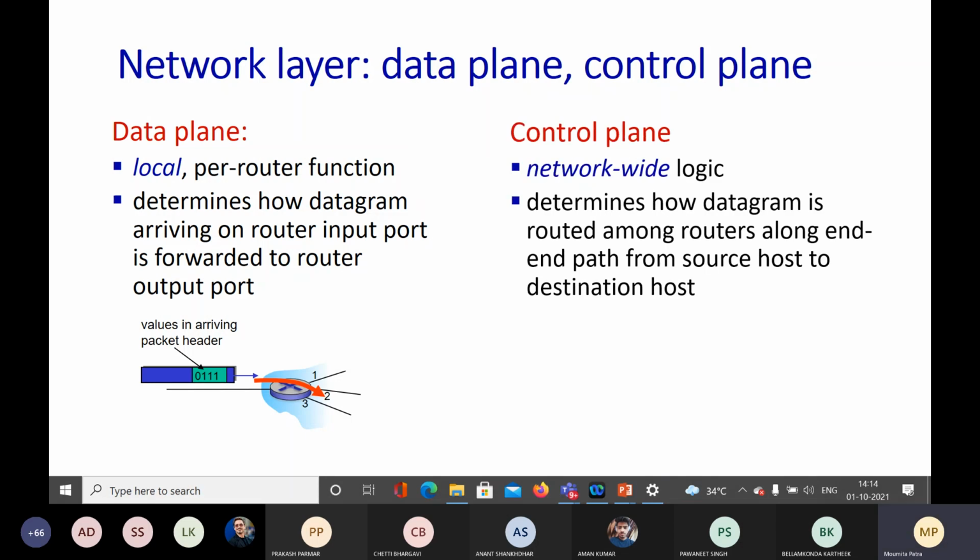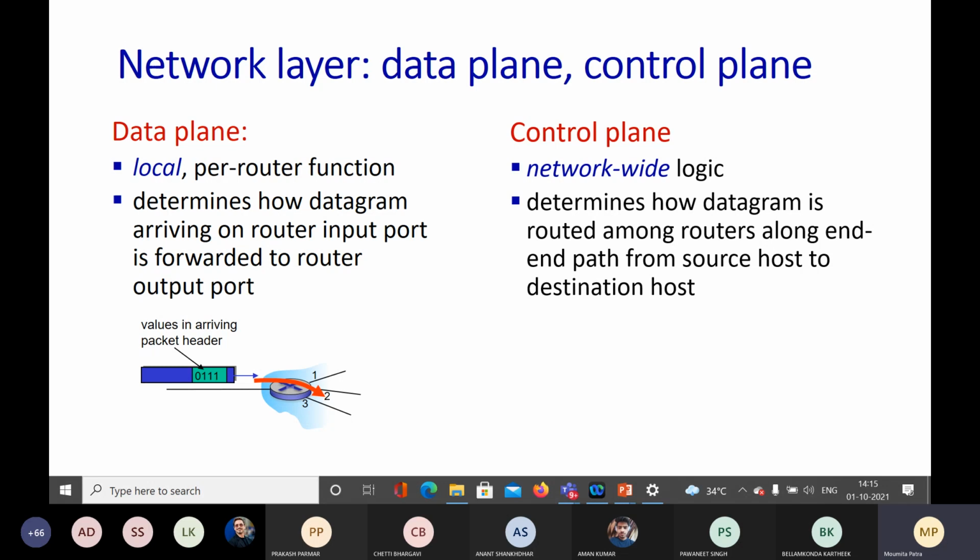Now, what is the control plane function? It is a network wide logic. That means some task that is dependent upon how the entire network has been laid out, right? So what would that be? That would be routing, right?